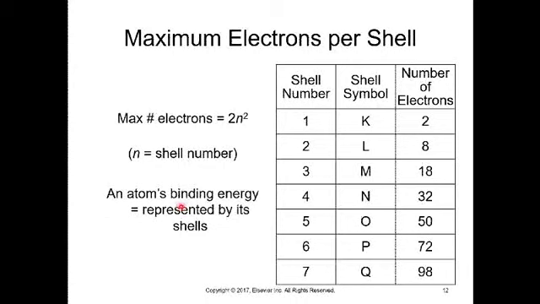Again, an atom's binding energy is represented by its shells, okay? So 2n squared, n equals the shell number. And an atom's binding energy is represented by its shells.